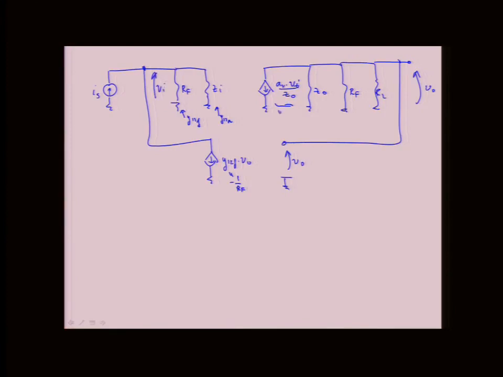So this piece is Y21 amplifier. This is Y22 amplifier. This is Y22 feedback. This is Y load. So which feedback parameter did I neglect?